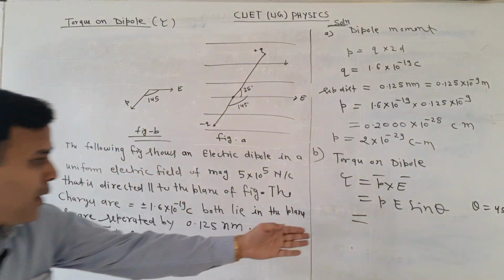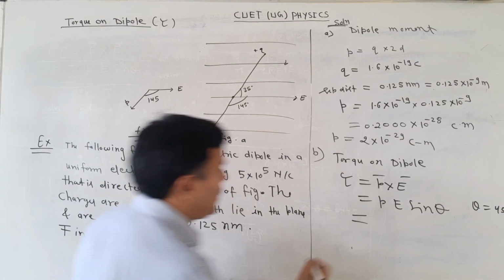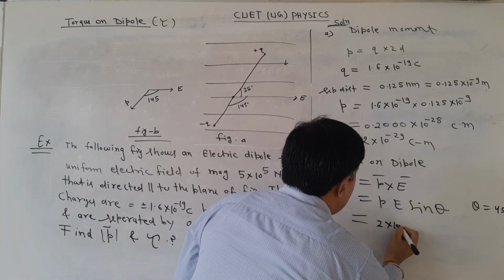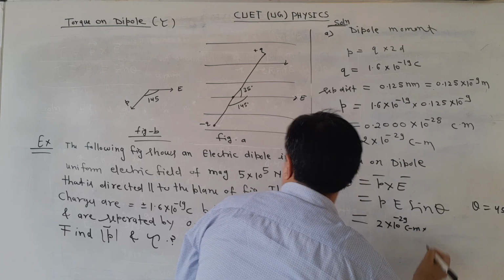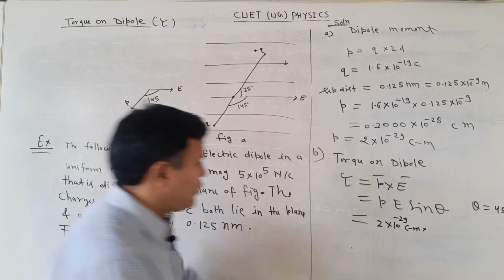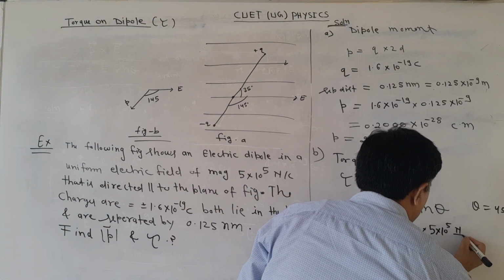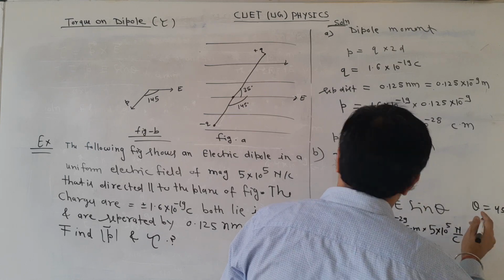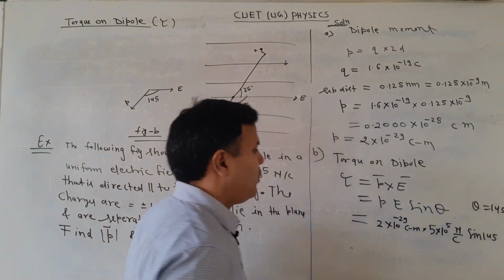Now put the values in PE sin theta and evaluate it. We have P from part A, which is 2 into 10 to the power minus 29 coulomb meter, and E is already given: 5 into 10 to the power 5 Newton per Coulomb, times sin 145. This is not 45, this is 145.